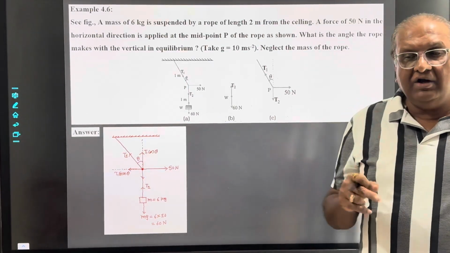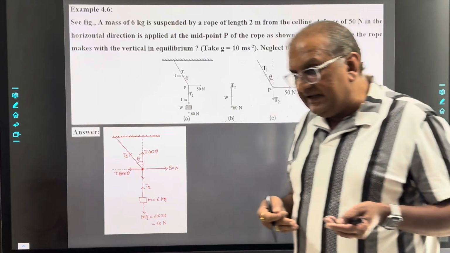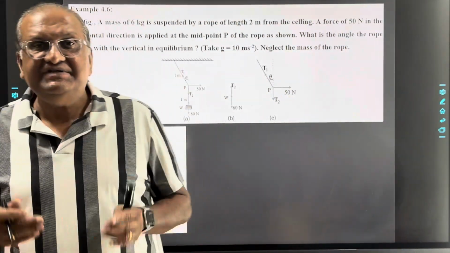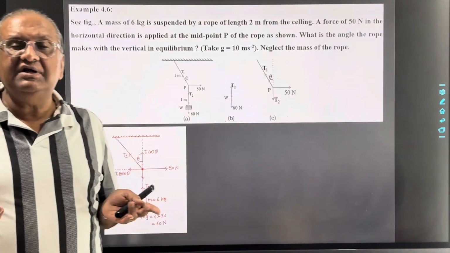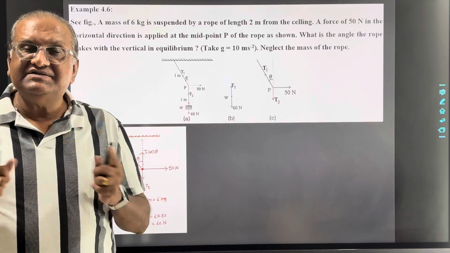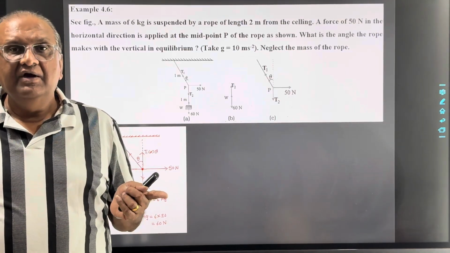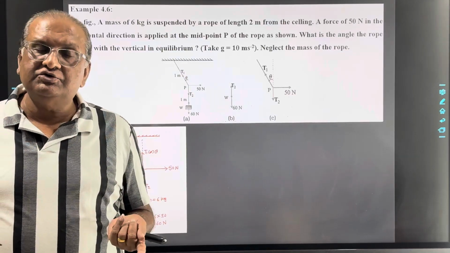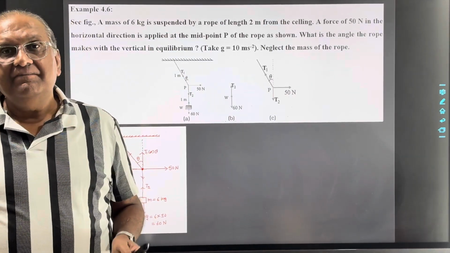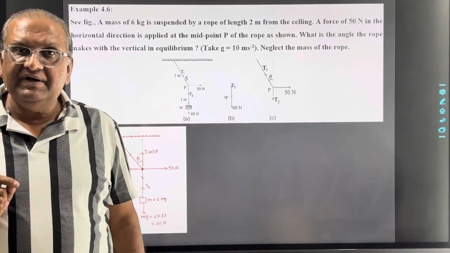Clear? Or in other words, the forces which are acting in x direction should balance each other and be in opposite direction to each other. Forces in y direction also balance each other and are in opposite direction, right?